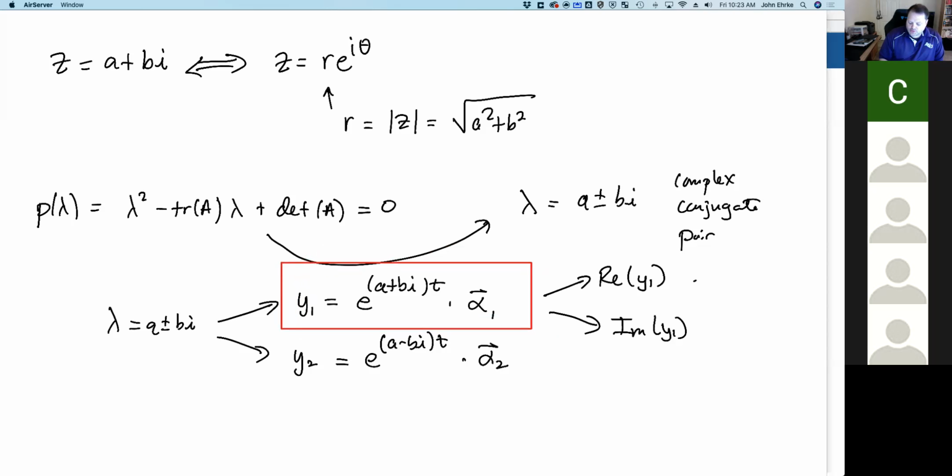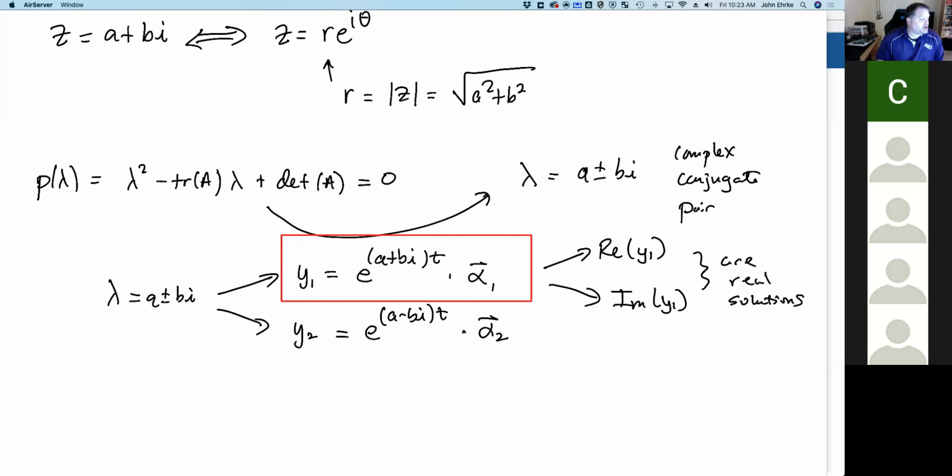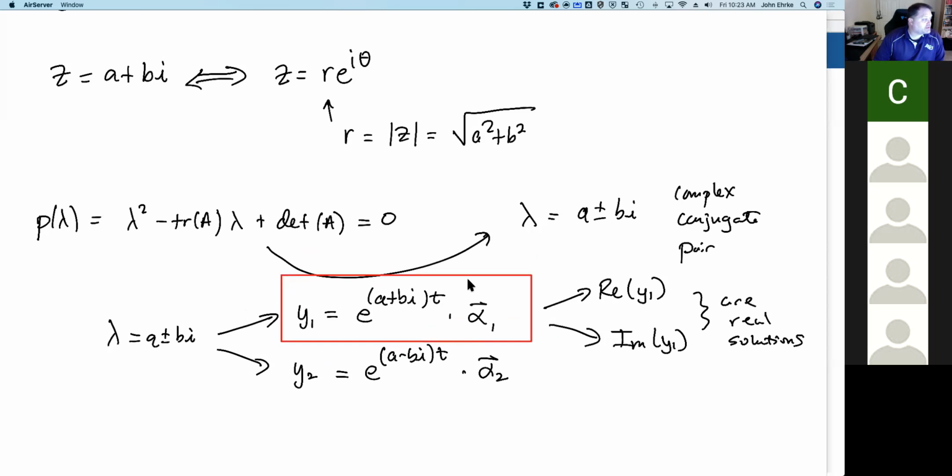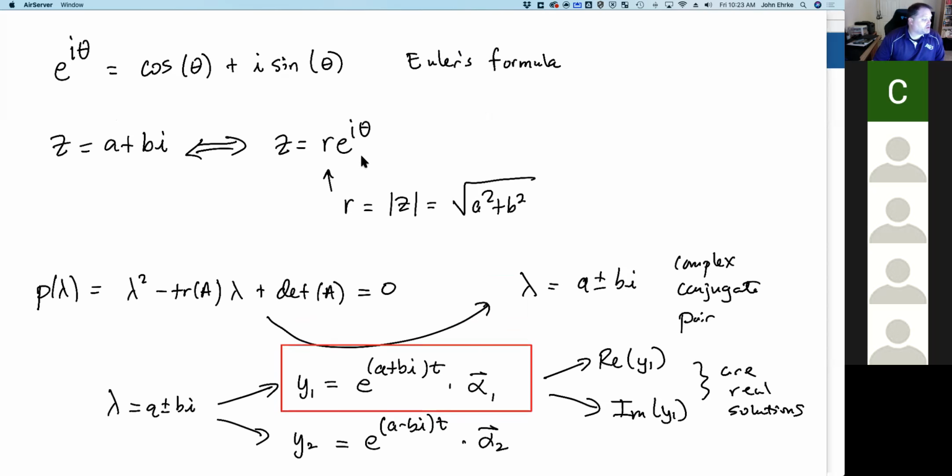And both of those are real solutions. We're going to do an example of that in just a second, but I'm reminding you of the importance of Euler's formula to that conversation, because you'll have things like e to the ibt pop up, and we're going to replace those with cosine theta plus i sine theta.